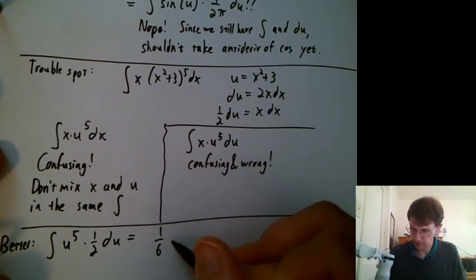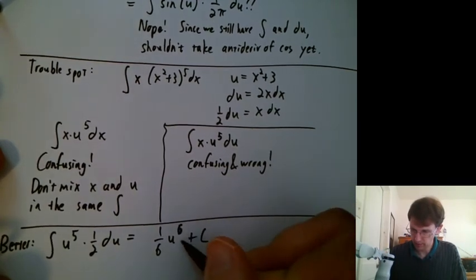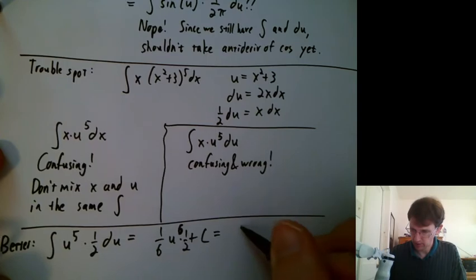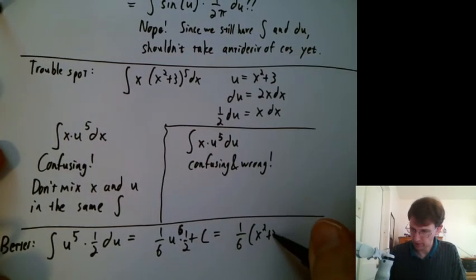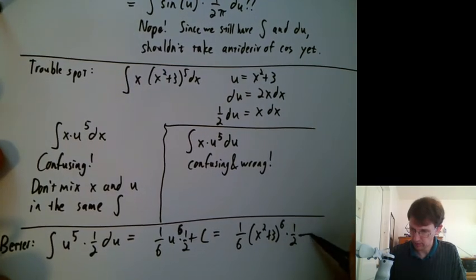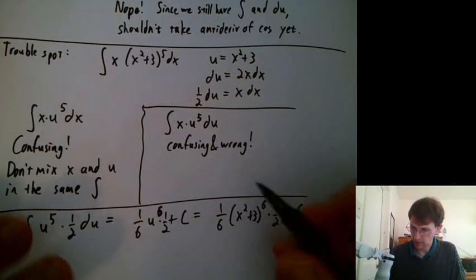It's 1/6 u to the sixth plus c, times 1/2. So that's 1/12, and then substitute back, (x squared plus 3) to the sixth times 1/12 plus c. And we're done. We should check it by taking the derivative.